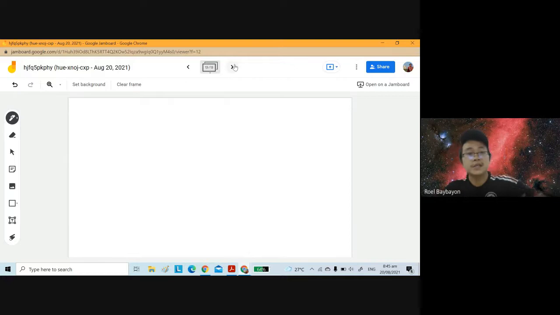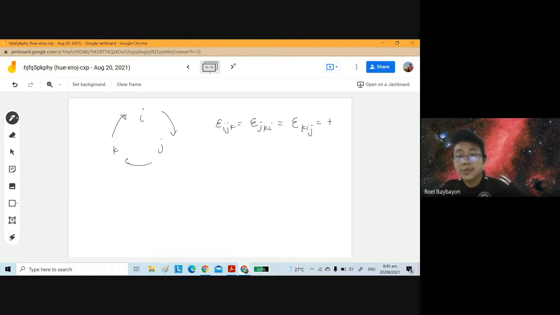We also have this. I, J, not I hat. I, J, K. If it goes in this direction, okay? If clockwise in form, then that is equal to positive 1. So epsilon IJK is equal to epsilon JKI is equal to epsilon KIJ, then this is equal to positive 1.